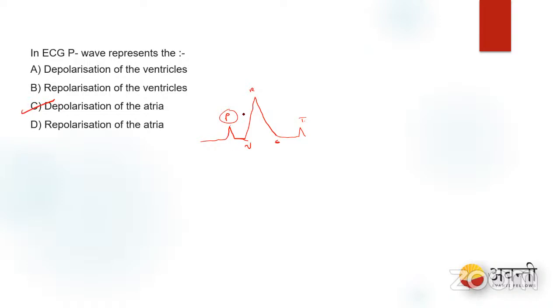Whereas in the QRS complex, it is a very large, very big peak. Why? Because the ventricles depolarize at the QRS complex.